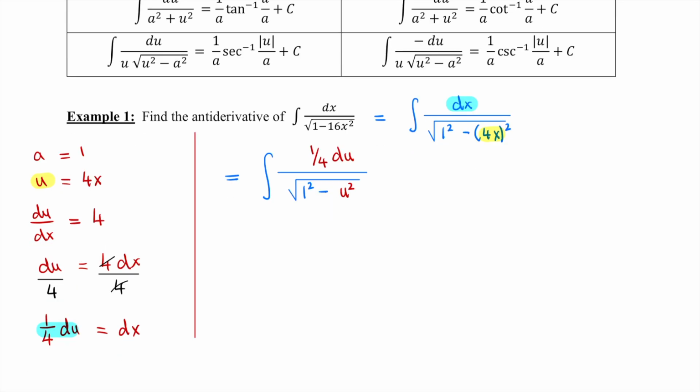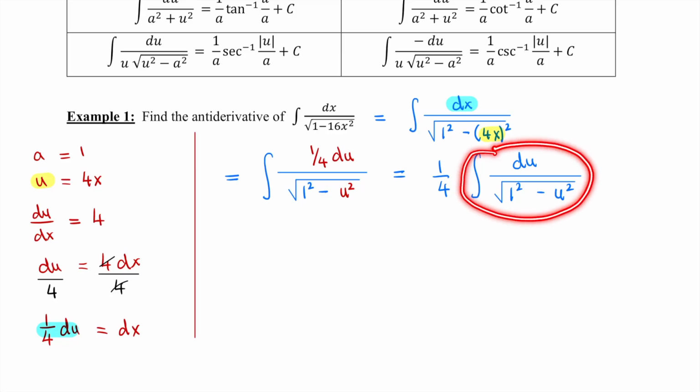So now the integral becomes 1/4 du over square root of 1 squared minus u squared. Let's factor 1/4 to the front of the integral. So we have 1/4 times the integral of du over square root of 1 squared minus u squared. And the integral of du over square root of 1 squared minus u squared is sine inverse of u over 1 plus c.